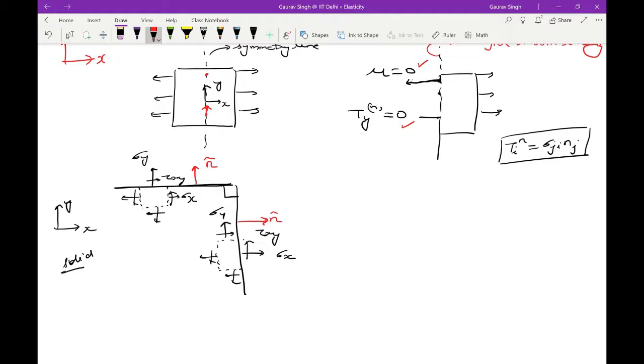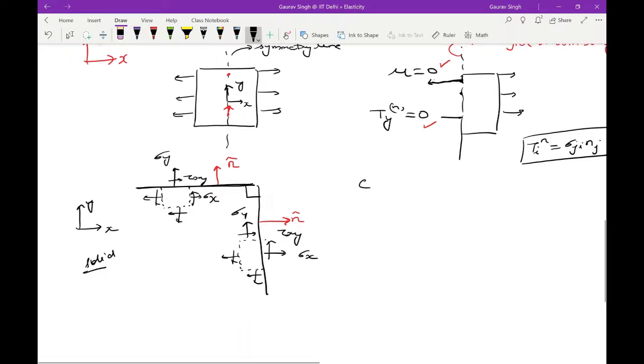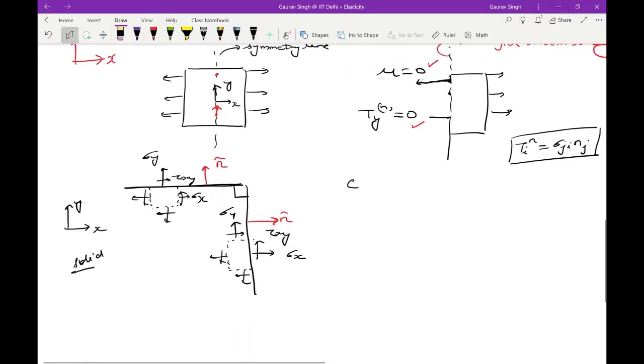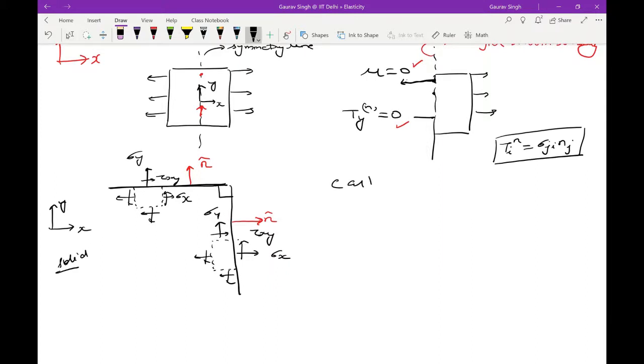So these are Cartesian coordinate boundaries. As of now, we are only concerned about the Cartesian system and the Cartesian boundaries. We'll take up the polar or the spherical system later on.